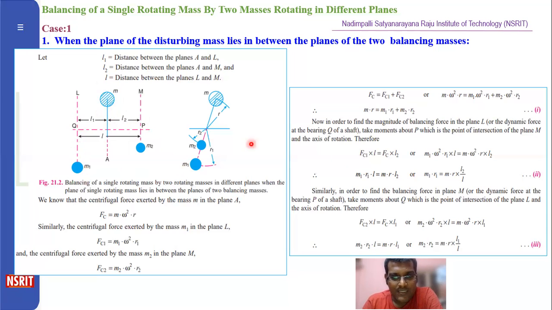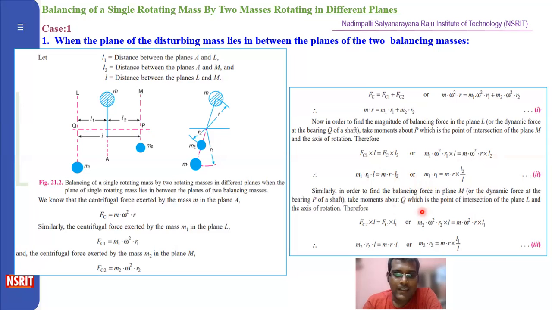From this you can write M1 R1 omega square into L is equal to m r omega square into L2. Omega is constant, so M1 R1 L is equal to m r L2. I want M1 R1, so you can write m r L2 by L.